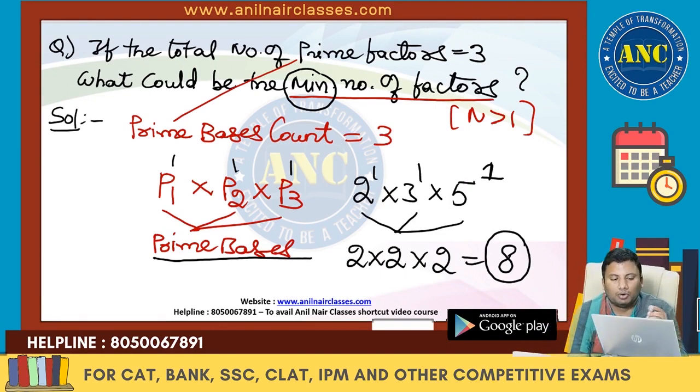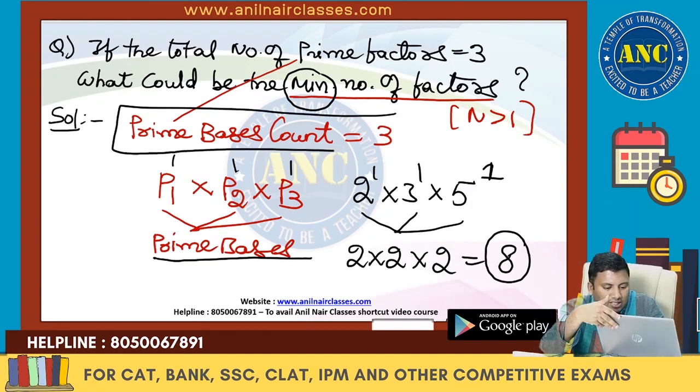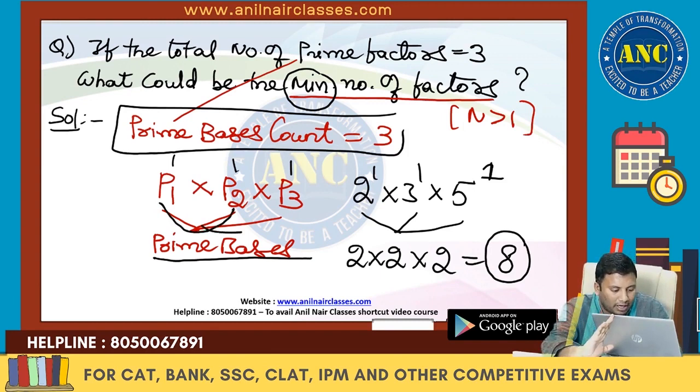Again, the total number of prime factors is 3, which means the prime bases count is 3. P1 power 1, P2 power 1, P3 power 1. All these are 3 distinct prime bases.